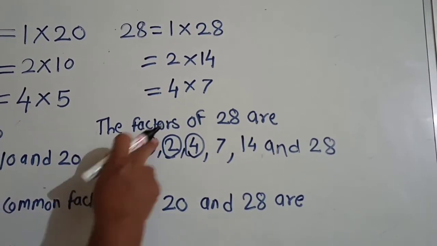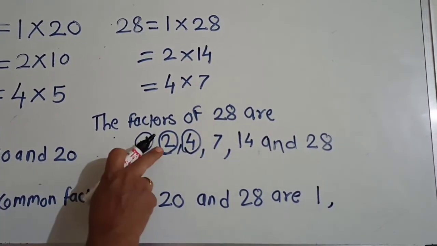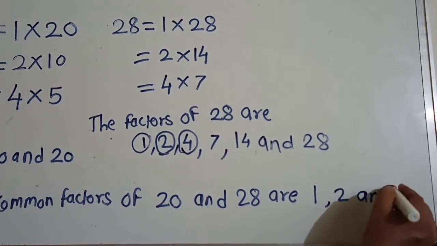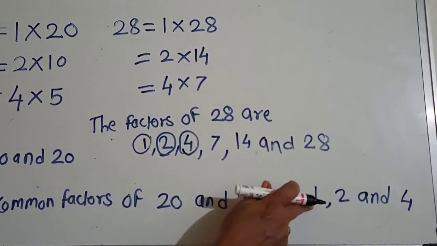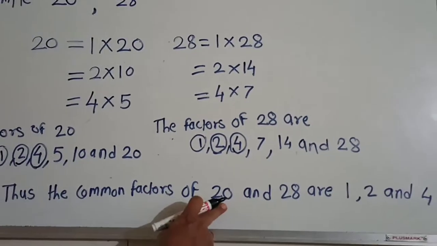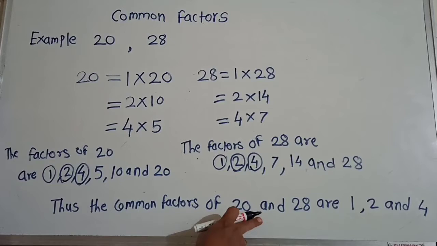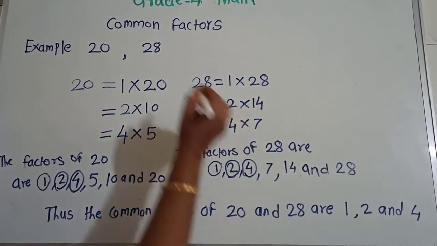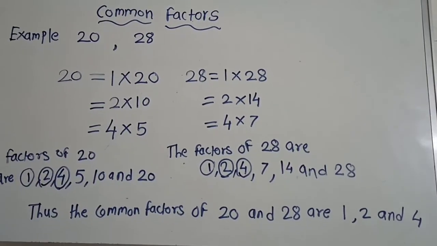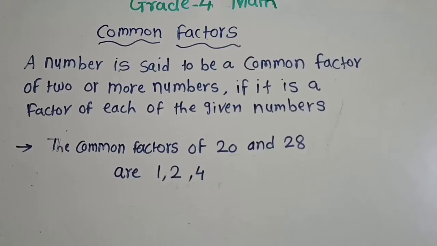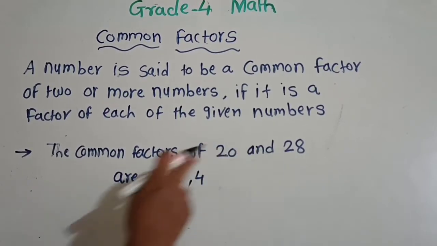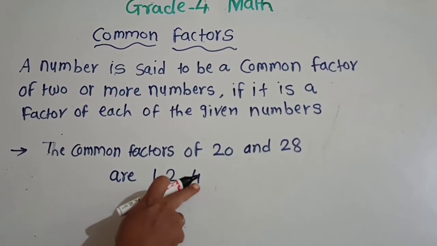This 1 is common, so 1, then 2 and 4. Understand children? This 1, 2 and 4 are the common factors of 20 and 28. Understand children? It means the common factors of two numbers. So children, the common factors of 20 and 28 are 1, 2 and 4.